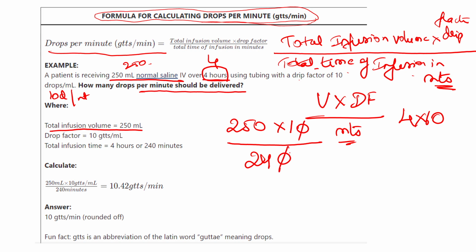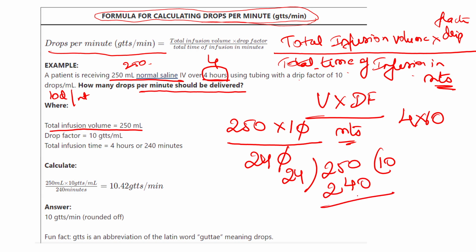So we strike off the 0 with 0, then 250 divided by 24. 24 tens are 240, so we get a value of 10.